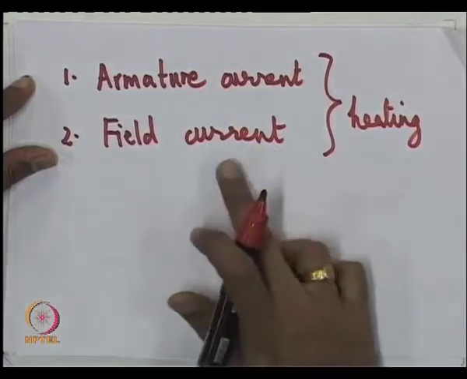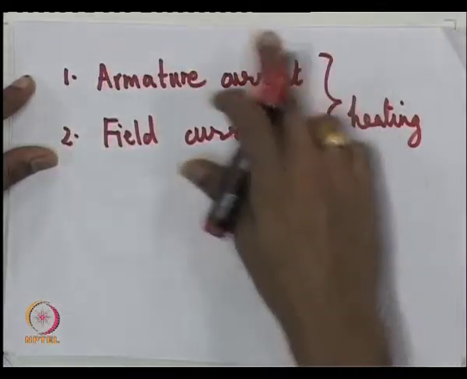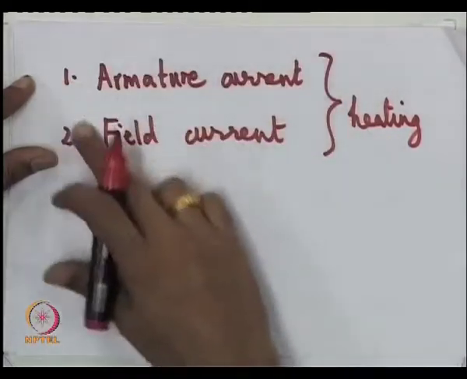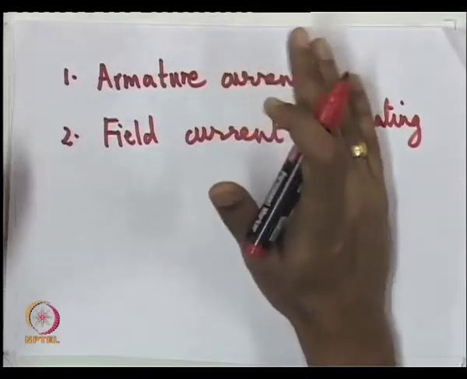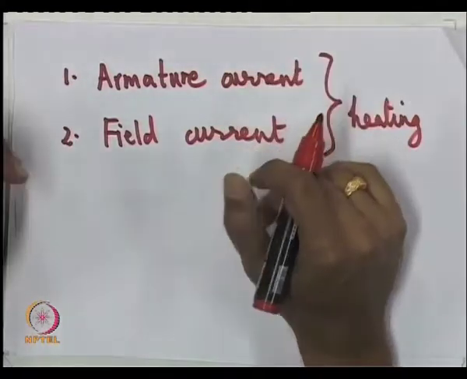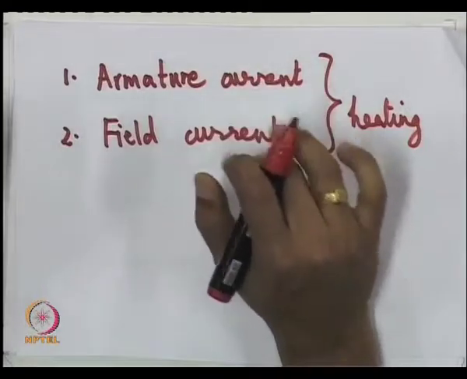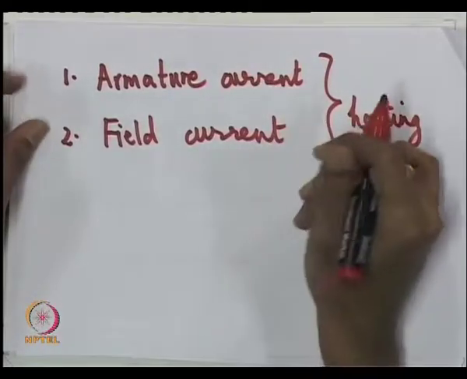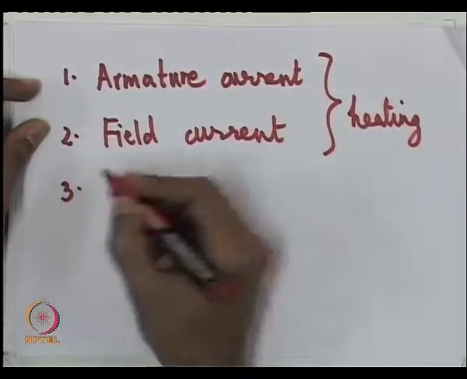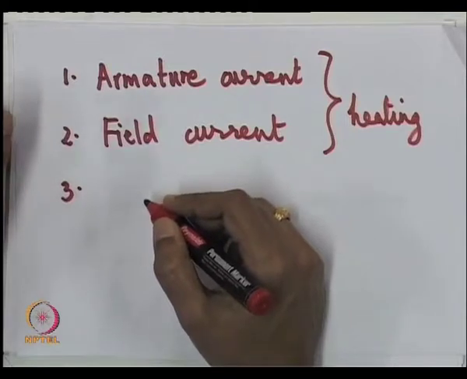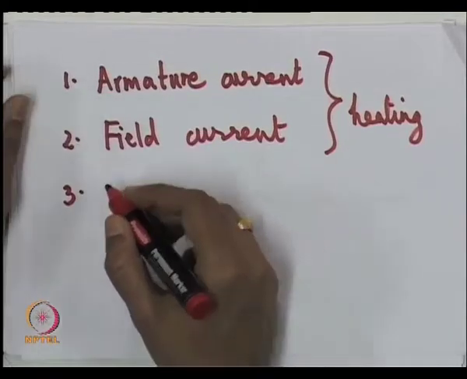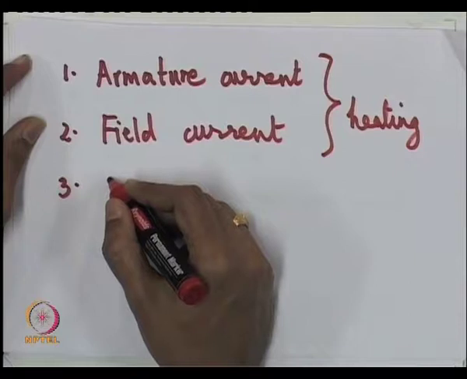So, our P and Q in some sense are limited by both these limits. So, you have to find out the safe operating region for a synchronous machine and ensure that these limits are not exceeded.